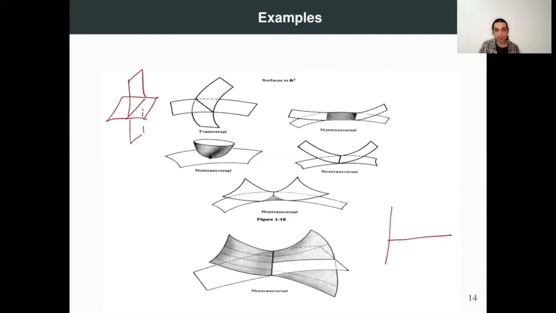This example is not so badly behaved after all. So when we have transversal intersections, we know that the intersection is going to be a submanifold of the right dimension, whereas in the other cases, we don't really know what's going to happen.